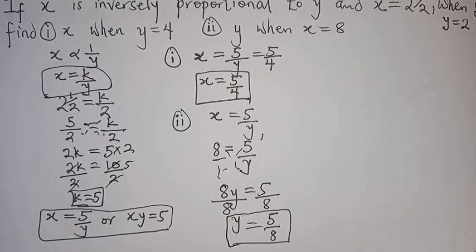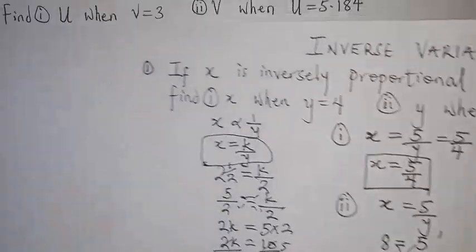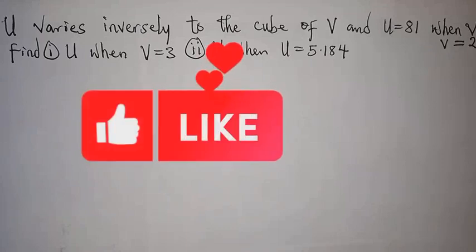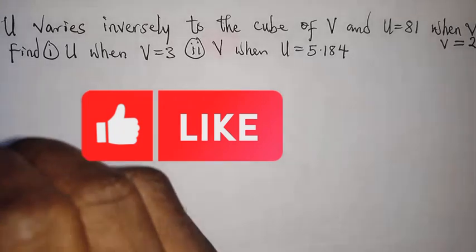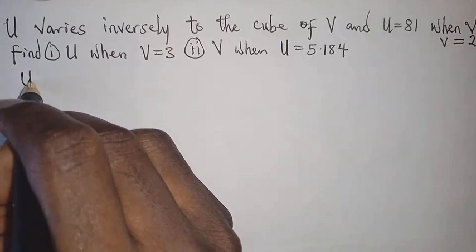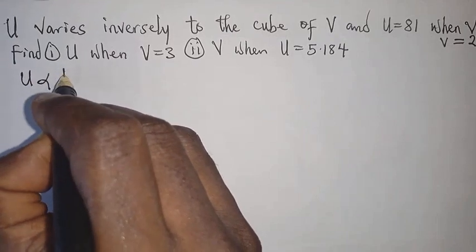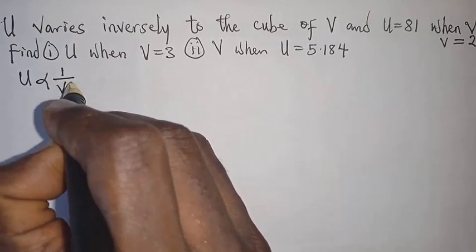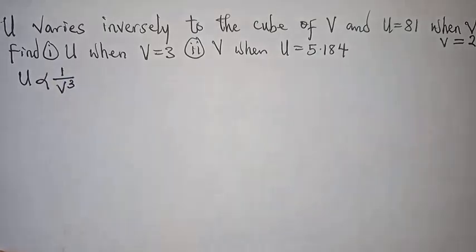So quickly, we're going to look at the next question. The next part of the question says u varies inversely to the cube of v. So we're going to write it: u varies inversely to the cube of v.